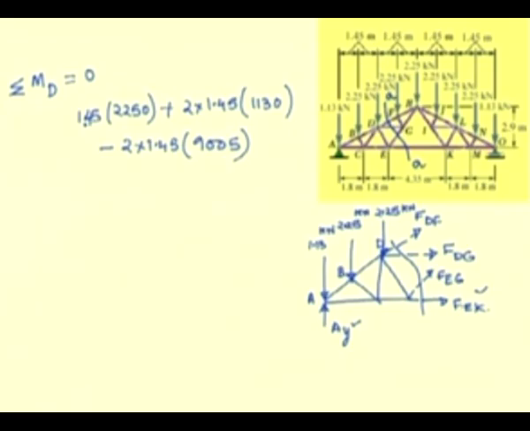and the moment of this force FEK is a counterclockwise moment.